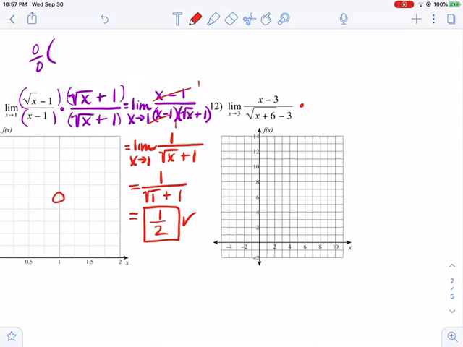And then for this one, we're going to multiply by the conjugate. And the first one, we rationalized the numerator. We're going to rationalize the denominator here by multiplying the square root of x plus 6 plus 3 over the square root of x plus 6 plus 3. So now when I do, I'm going to get the limit. I'm going to write it down here so I have a little bit more room.